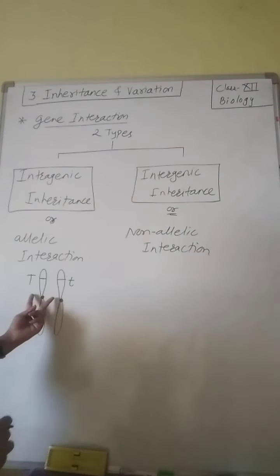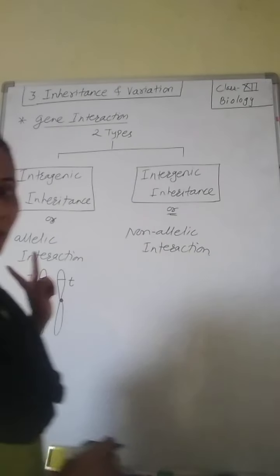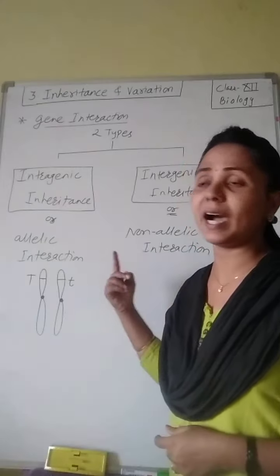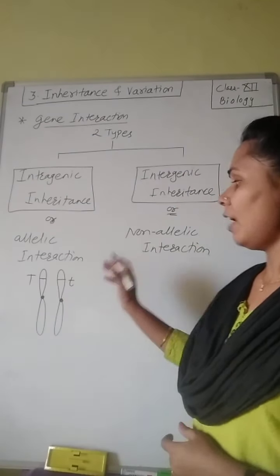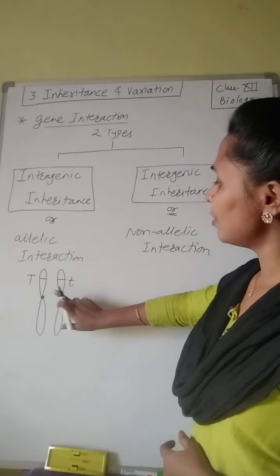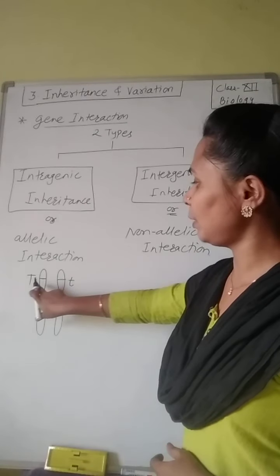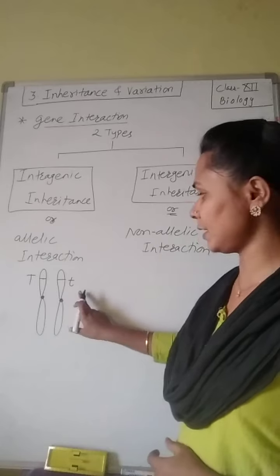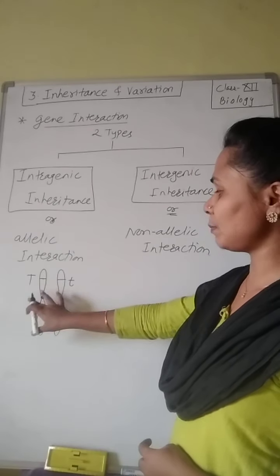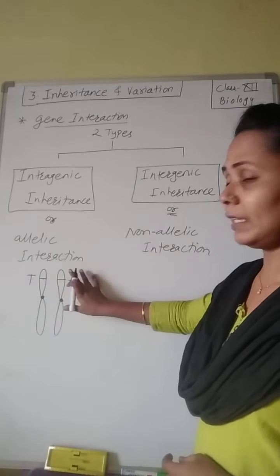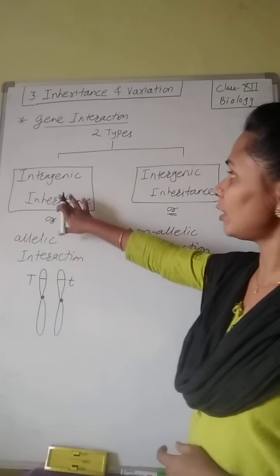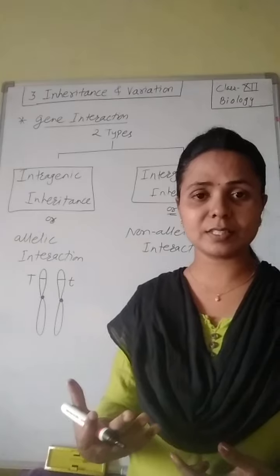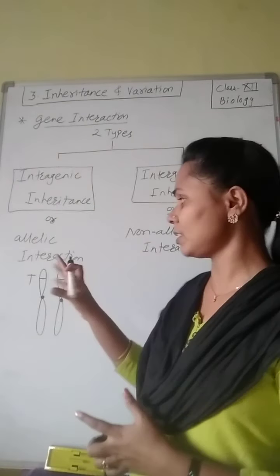This gene shows the height of that organism. So the interaction between the dominant allele and the recessive allele is allelic interaction, also called intragenic inheritance, meaning the inheritance between these two alleles.